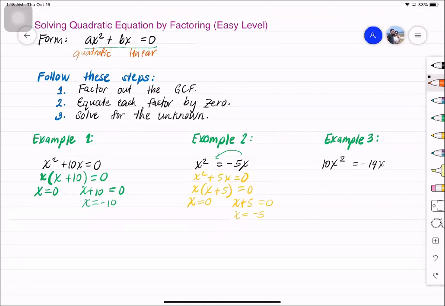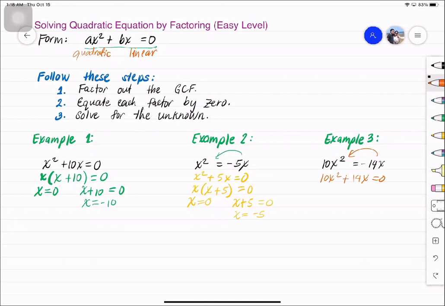So 10x squared equals negative 14x will become 10x squared plus 14x equals 0, because we transposed negative 14x. With that, we can now get the greatest common factor.